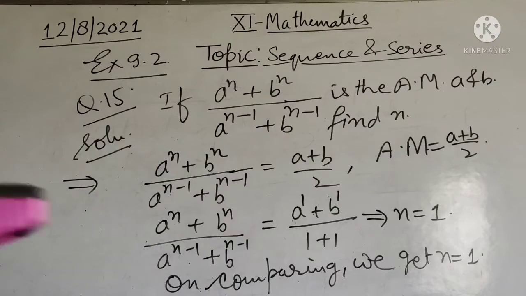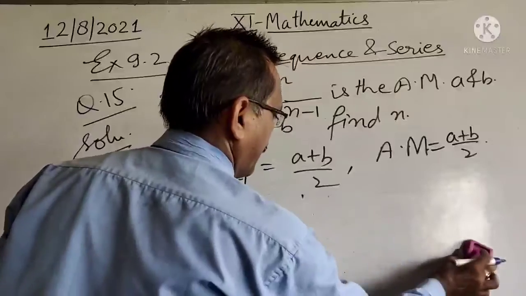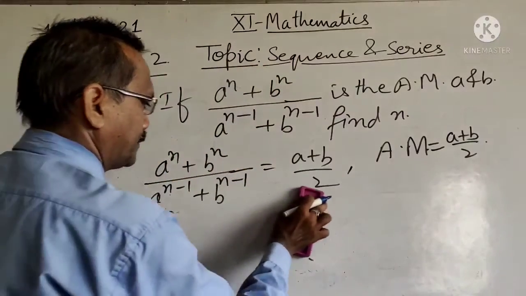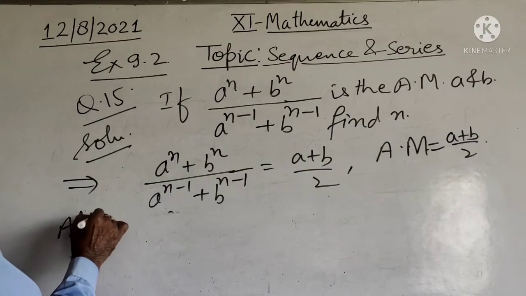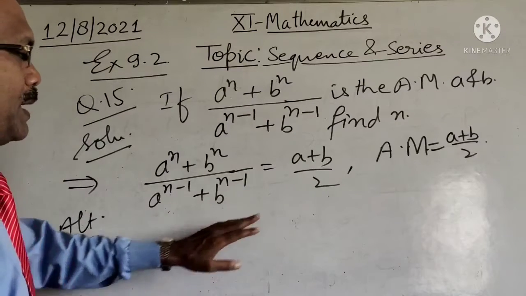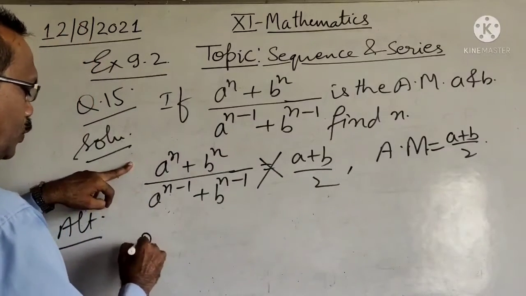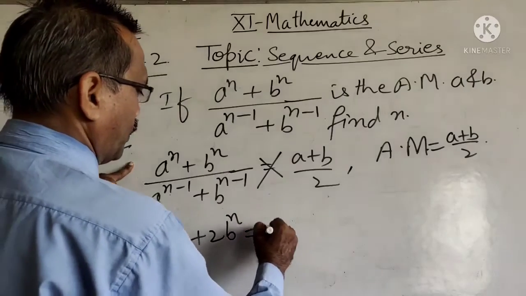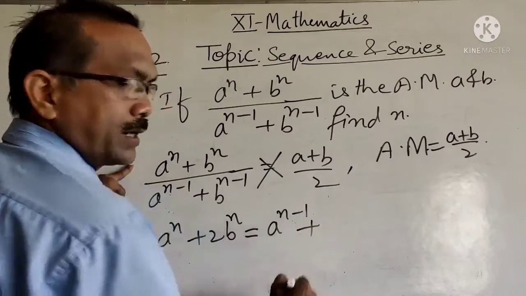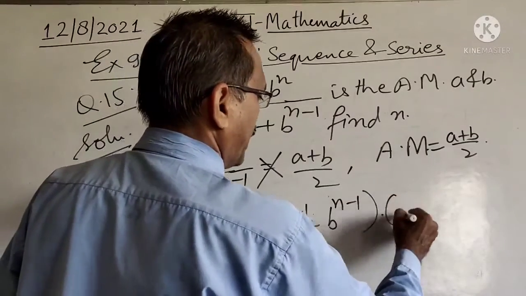Now there is an alternate method. If we cross multiply these two terms, then it is 2 into (a power n plus b power n) equal to (a power n minus 1 plus b power n minus 1) into (a plus b).